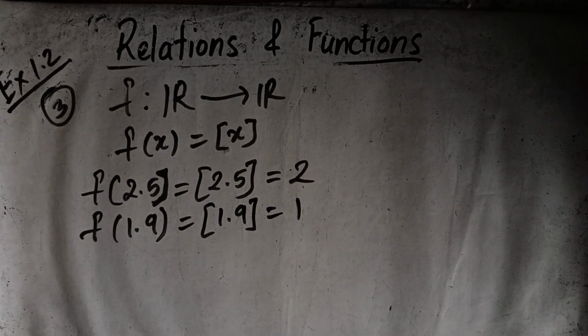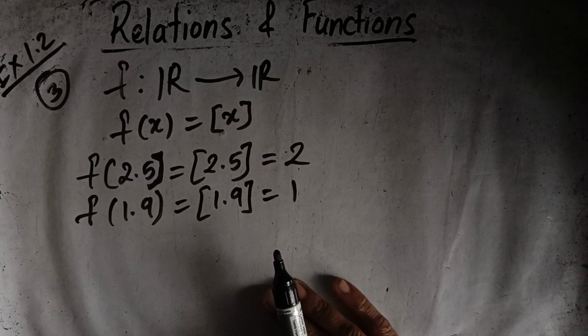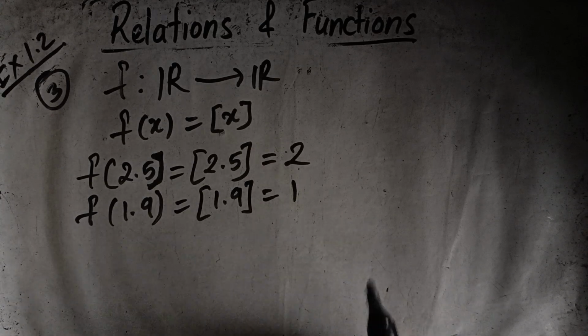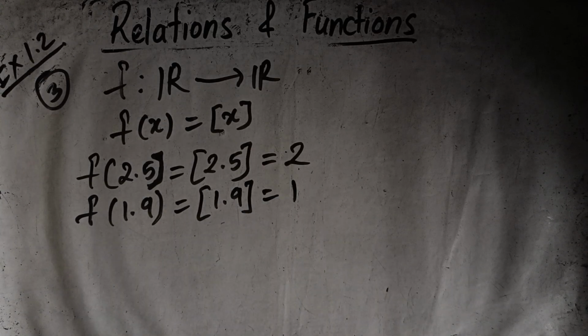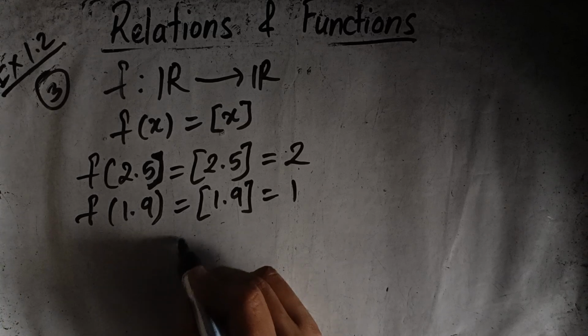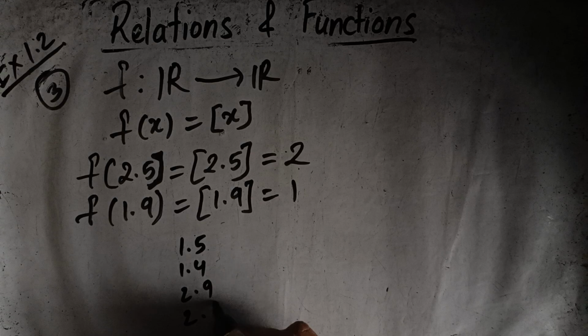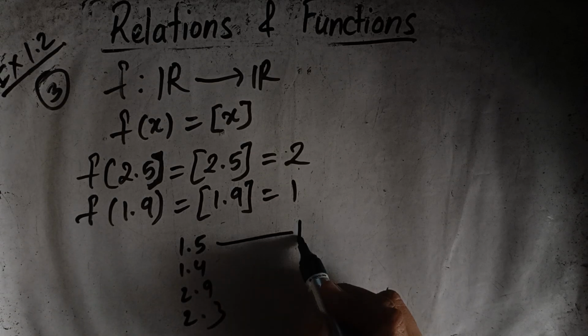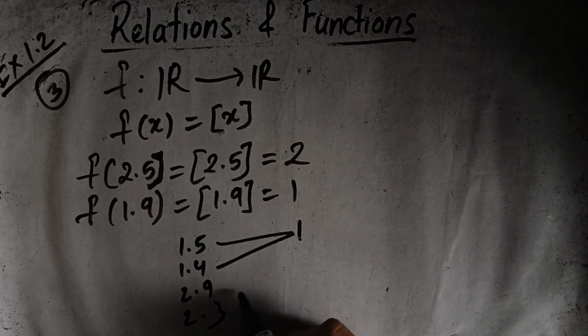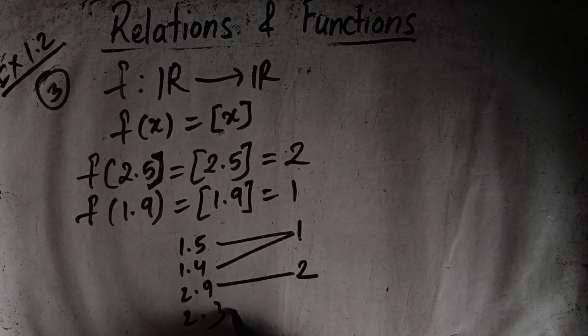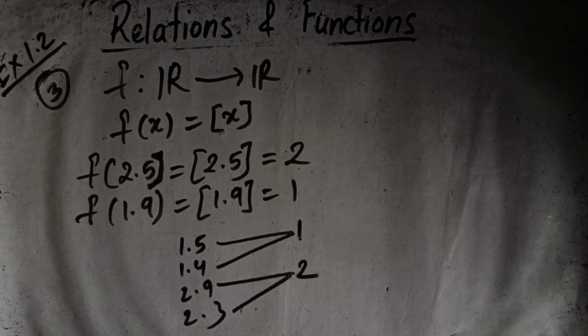You have to take the lesser integer than this number. So you have to prove it to be not 1 1. If I take any number, say 1.5, 1.4, 2.9, 2.3, this will go to 1, this will also go to 1, this will go to 2, this will go to 2. So from here we can say that it is not 1 1.